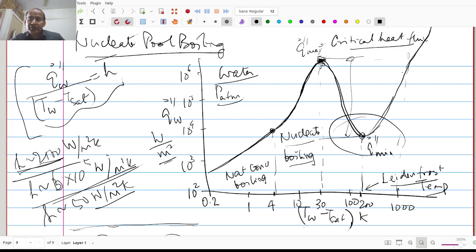Okay, so this is the way the thing goes. So beyond a superheat of about 1000 Kelvin, the heat fluxes in film boiling can exceed the critical heat flux and go up further. Okay, so this left leg is the natural convection and nucleate boiling leg, and this right side leg is the film boiling leg.